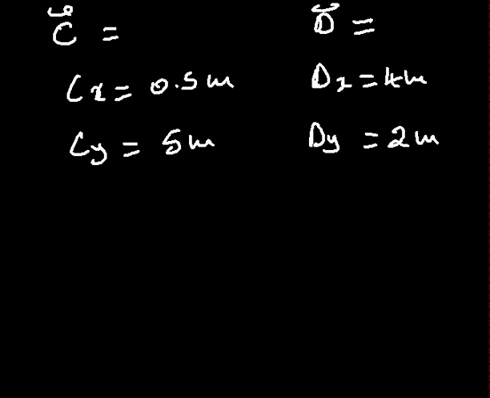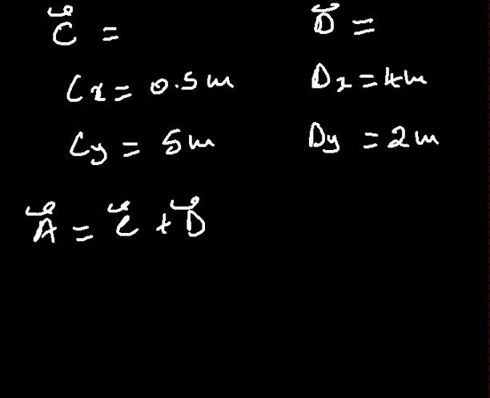Now let's think of finding the magnitude of the resultant vector, which corresponds to the vector C plus the vector D. In this case, the resultant vector is obtained from the sum of these two vectors.